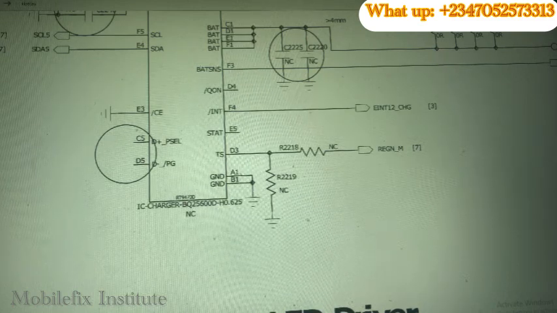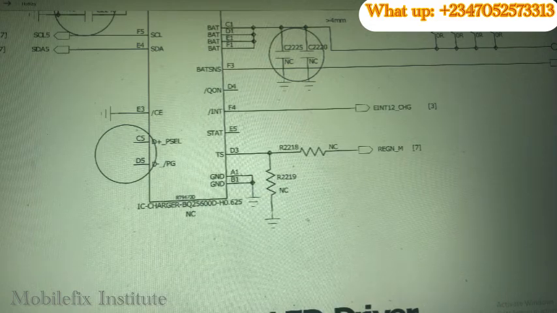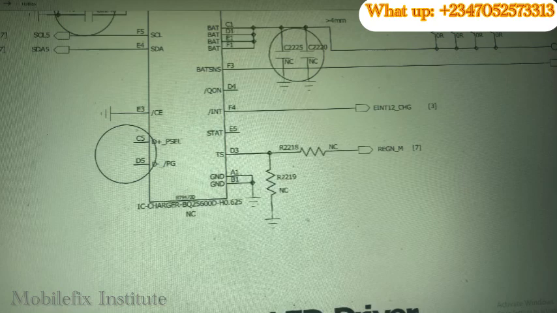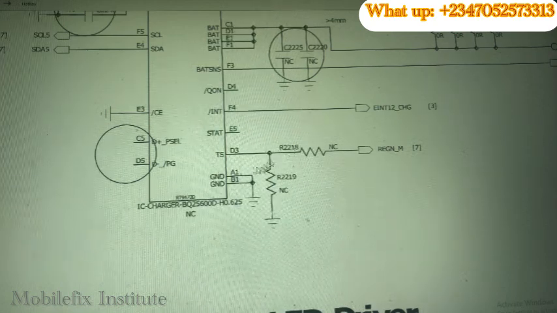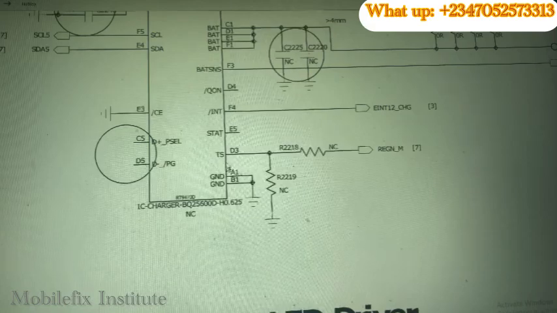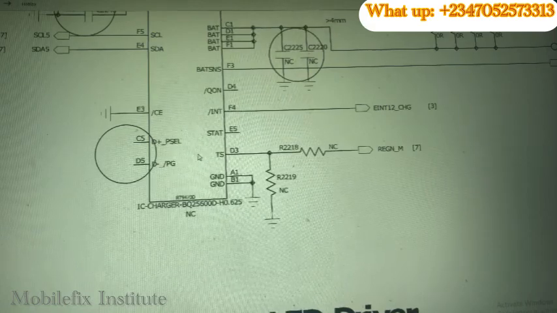It's going to work, because this voltage must divide from 5 volts to 2.5 volts. So this is the next line that you will check. If your phone is having any of those errors, you have to check this TS line also.